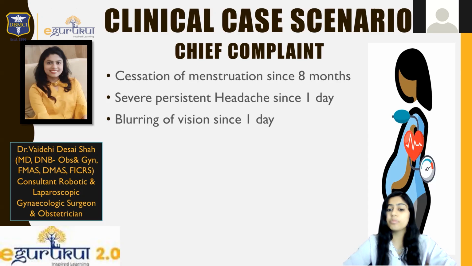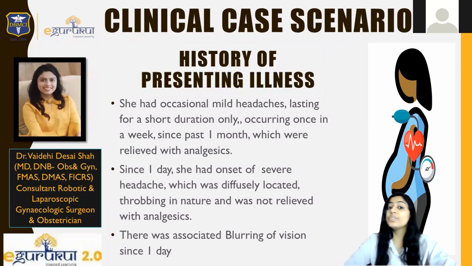So this is the chief complaint of the patient which brought the patient to seek our gynecologic consultation, right? All right. So a history of the presenting illness begins with the type of the complaints. When did certain kind of complaints of the patient start, right? For example, here in this case, she had headaches. So when we asked about the headaches previously, she would report as she had occasional mild headaches lasting for a short duration only, occurring once in a month since past 1 month.